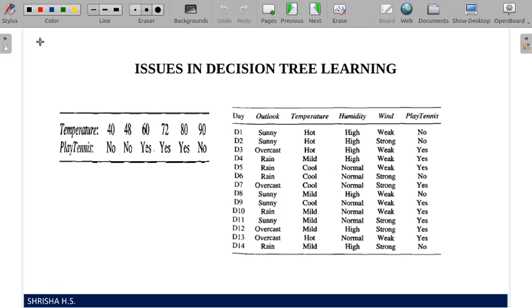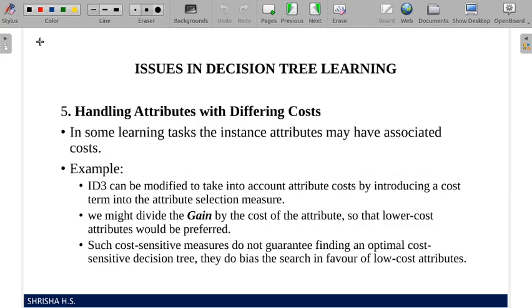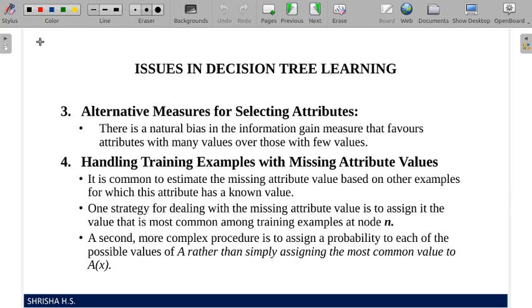Then we will assign a probability to hot, mild and cool through a statistical method. We don't have to explore what the statistical method is. Whichever has the highest probability, we will fill in that value. Okay, so these are the techniques.